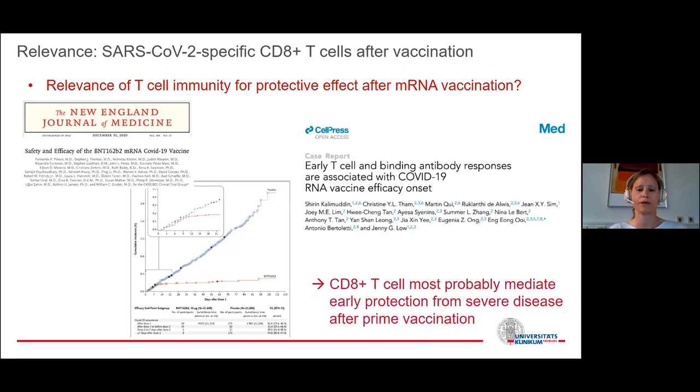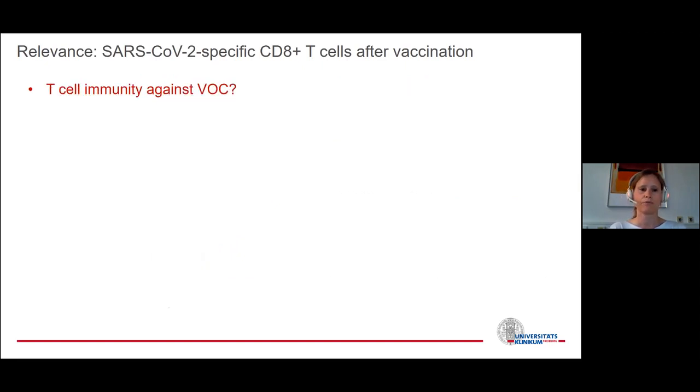And so the CD8 T cells most probably mediate early protection from severe disease after prime vaccination. Now, is this induced CD8 T cell immunity relevant for protection against the variants of concern?